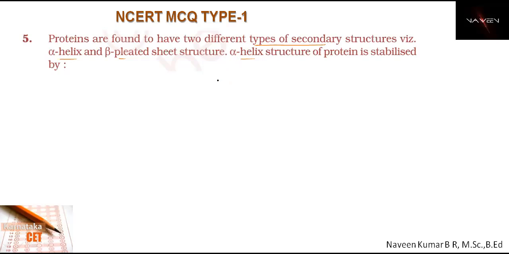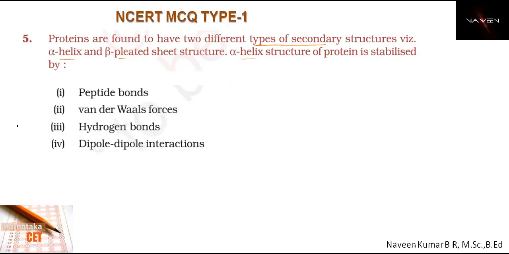In the tertiary structure, along with that, there are additional electrostatic forces of attraction or van der Waals forces, and the functional assembly of such tertiary subunits forms the quaternary structure. Just recall that. With respect to alpha helix or beta pleated sheet, the force stabilizing the structure is hydrogen bond. And the correct answer is option 3.